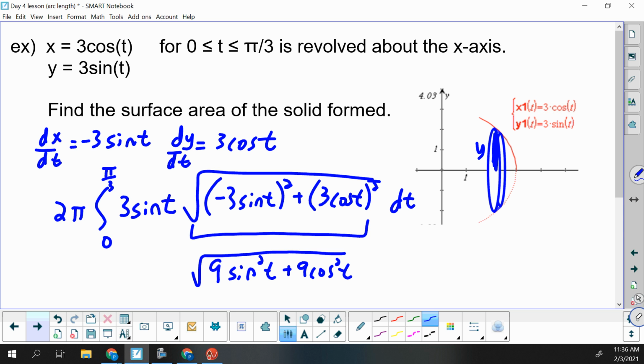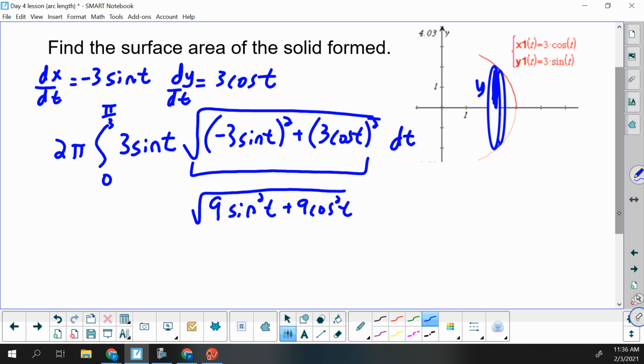Well, we kind of saw that in the last one. If you pull the 9 out, square root of 9 is 3, you'll have sine squared plus cos squared, which is just 1. So this is just going to become 3. So the 3 and the 2 are going to give us 18 pi out front. We'll have 0 to pi over 3, and all we'll have left is sine t dt.